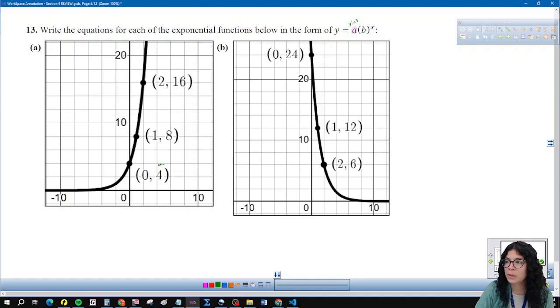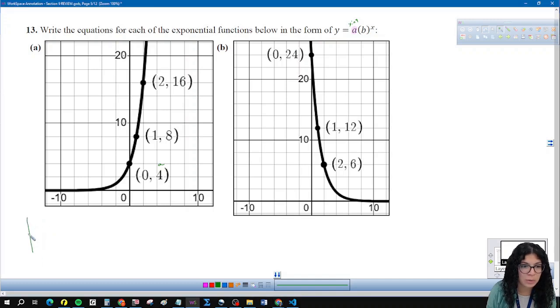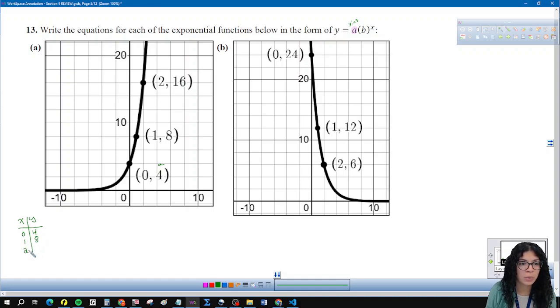And then our growth factor, there's multiple ways to find the growth factor. I would say the easiest one is you can go ahead and make a table of values. So we have the 0, 4, which will be our a value. And then the next x value is 1, which the y value is 8. And then the next x value is 2, which the y value is 16.